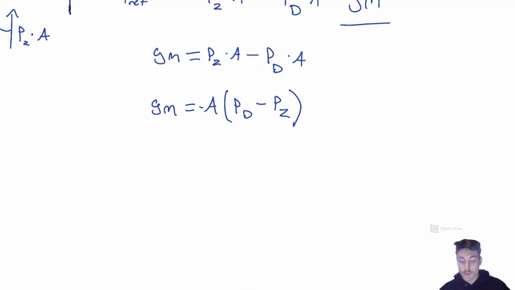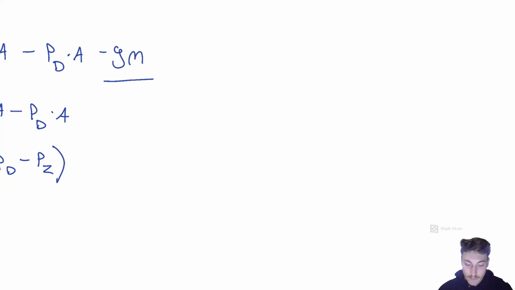It looks like we can't do much more with this, but we can denote the mass, because the mass is the density times the volume. That's the definition of mass.